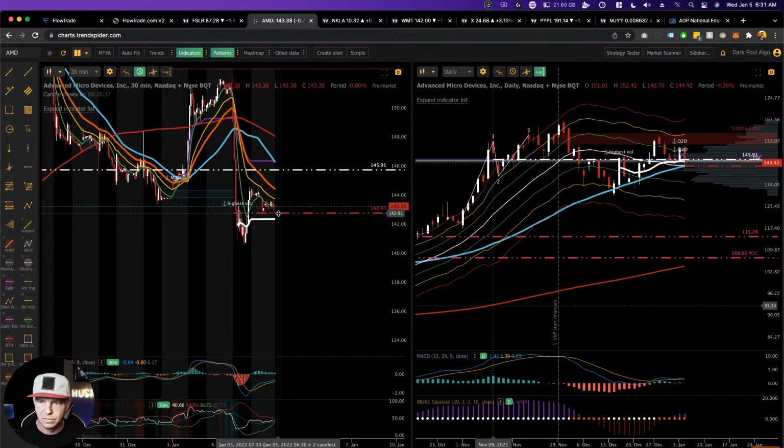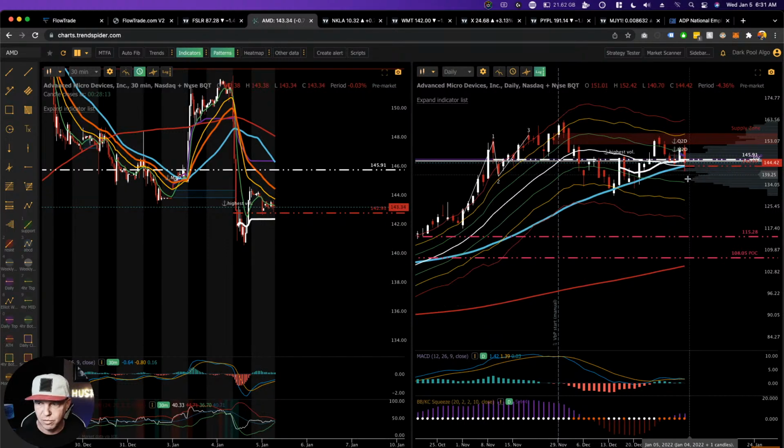So does this level hold as support? If so, we can look at targeting 144, 145. Ugh. It's just really heavy, but this is a key level of support that we're at now.